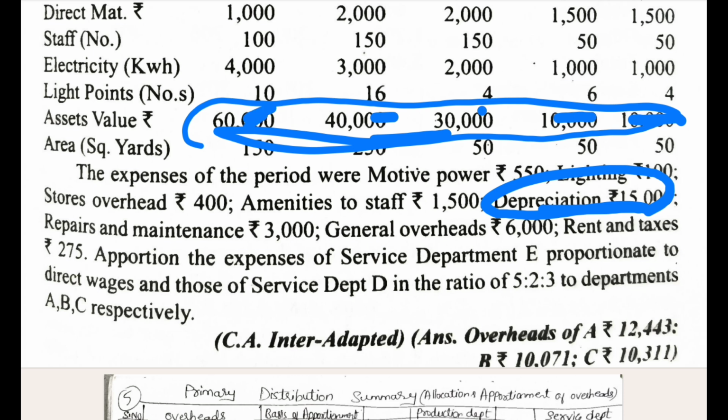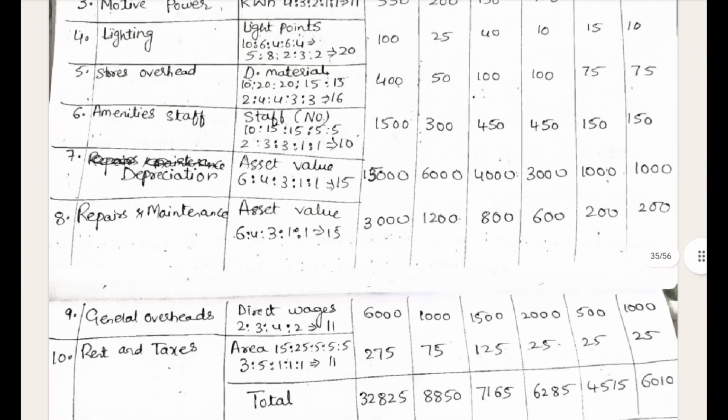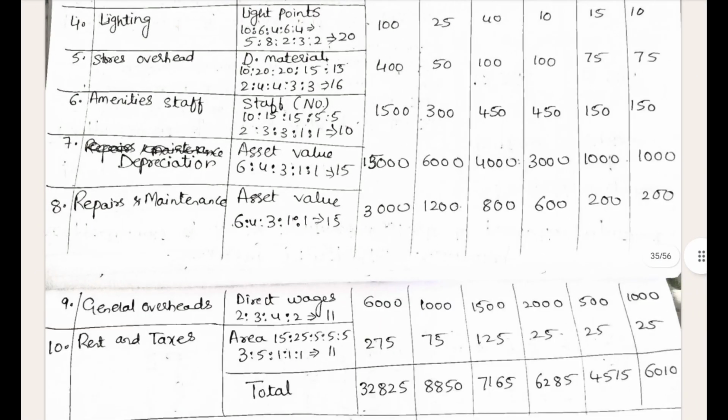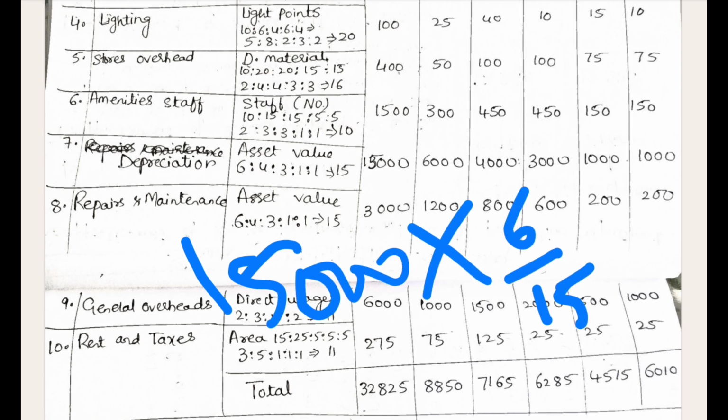On this we have to distribute. It's clear? So depreciation, see here, 6 is to 4 is to 3 is to 1 is to 1. After removing the zeros, total I got 15. So 15,000 we have to distribute: 6 by 15 to production department A, 15,000, so we will get 6,000.